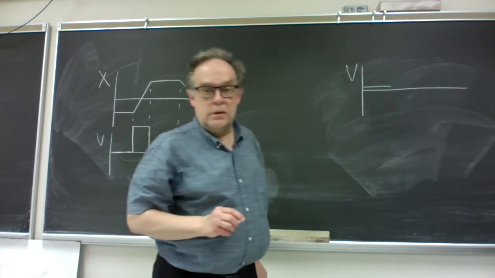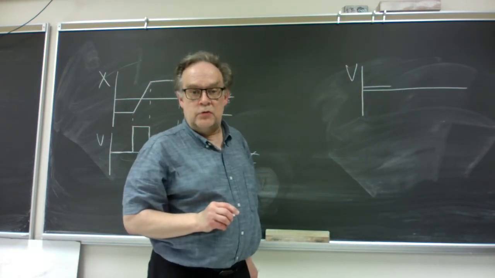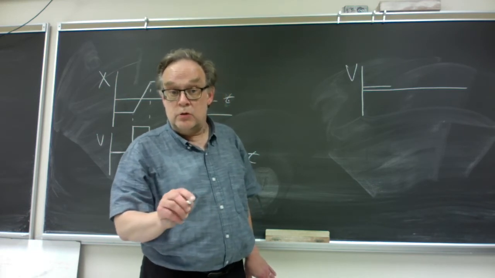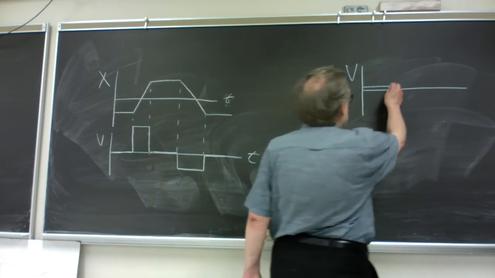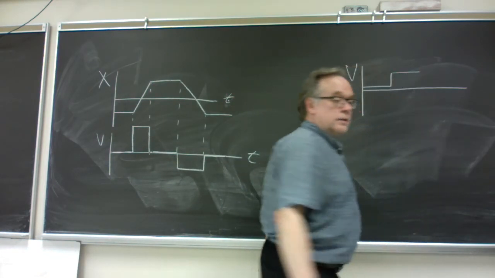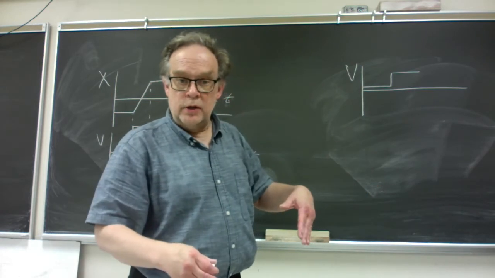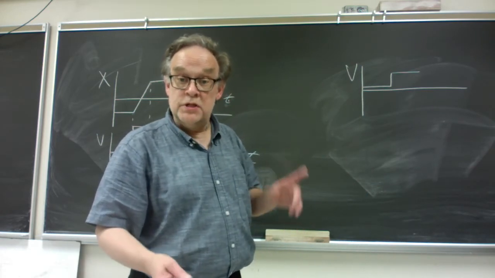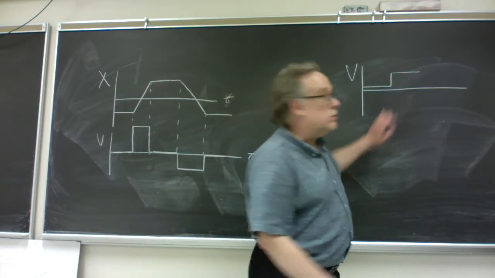Start out with a fairly slow positive velocity and then suddenly speed up to a new higher velocity, and you maintain that velocity for a little while. And then suddenly stop and turn around and move in the opposite direction with the same speed that you had here.